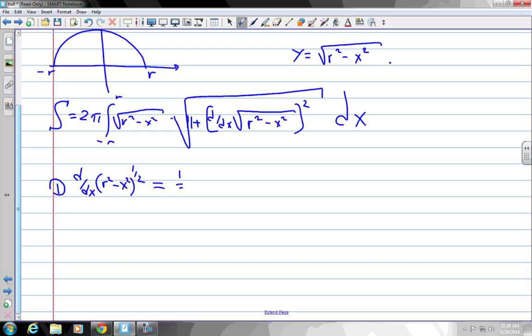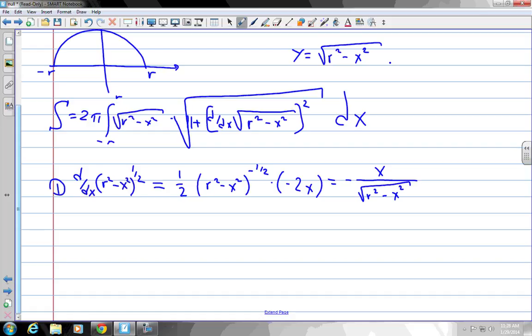Right, so it's 1/2 that to the negative 1/2 times the derivative of the inside, which is negative 2x. The 2's cancel, so I can write it as negative x over the square root of r squared minus x squared. Right?